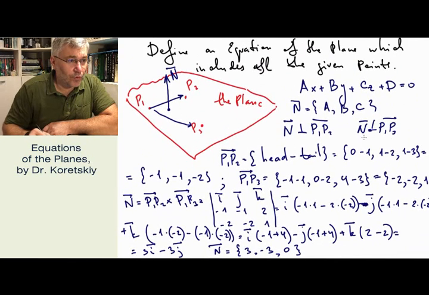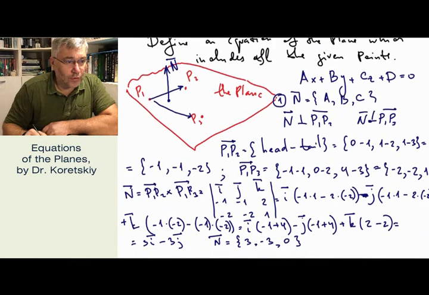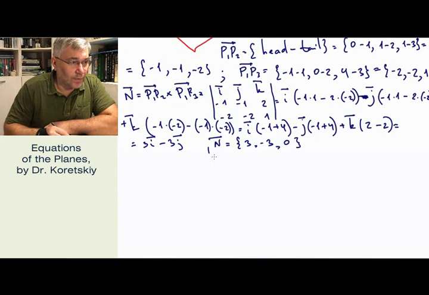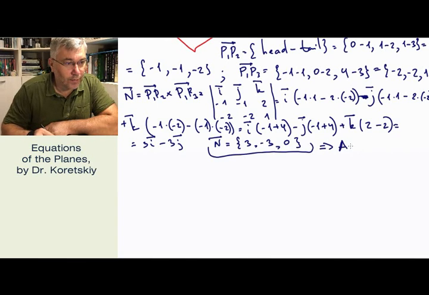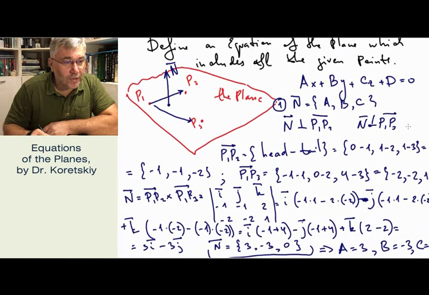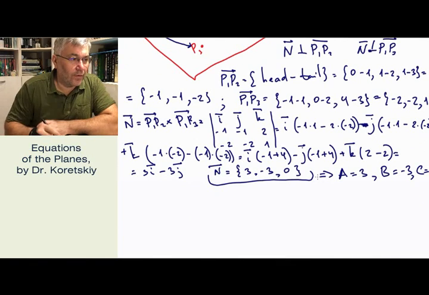So this is the first step. We now know the vector n. This gives us the numbers a equals 3, b equals -3, and c equals 0. Now we just have to find d.